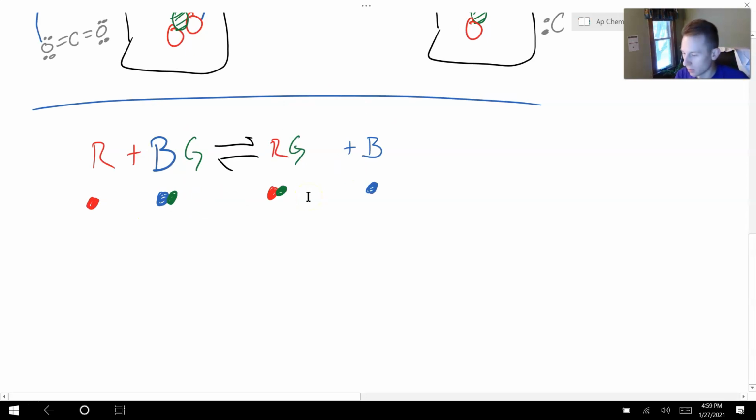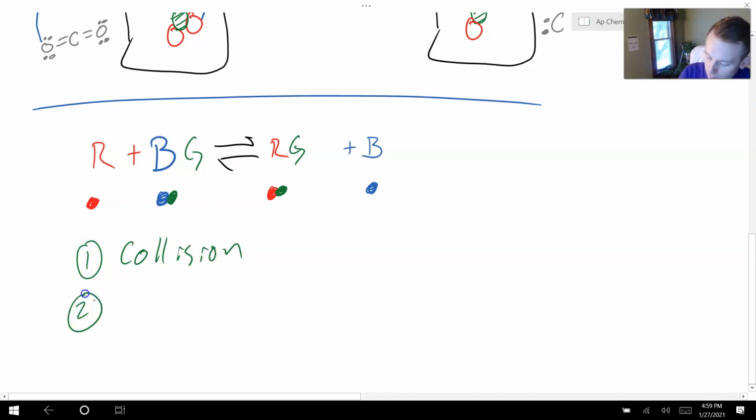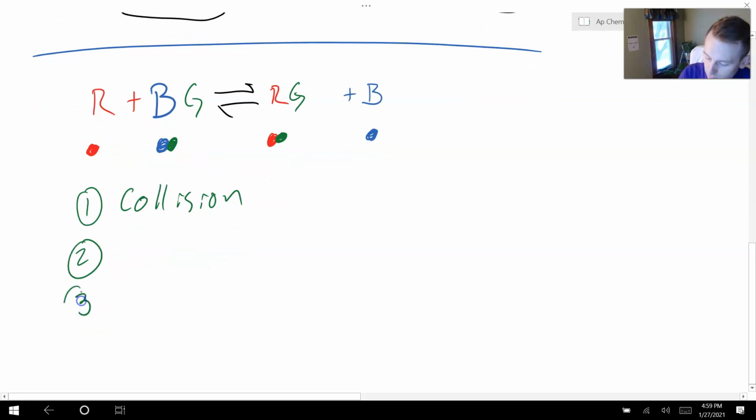And I want you to remember that there are going to be three things that are requirements for the reaction to occur. So the first one, I want you to write this down. The first one is that there needs to be a collision. Second thing, and third thing. So we're going to leave space for that.